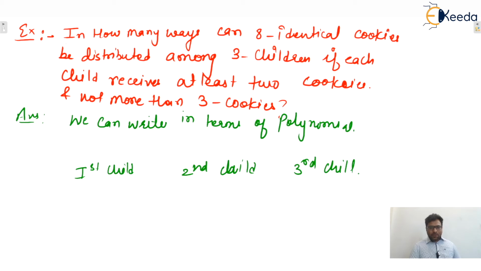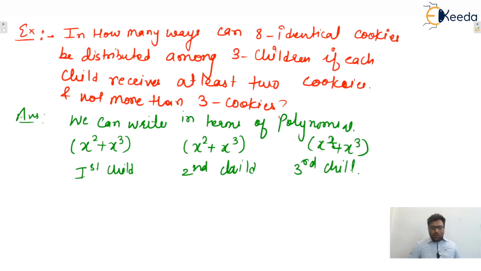Minimum 2 means we start with x raised to power 2, maximum 3, so x power 3. Similarly for each child, minimum 2, so x power 2 plus maximum 3, so x power 3. Now multiply all these polynomials.